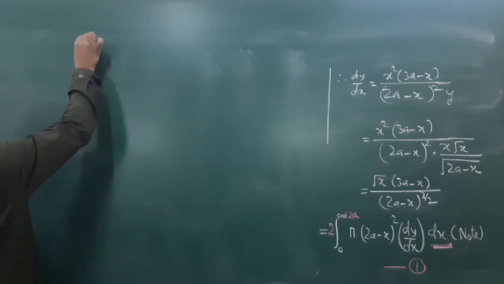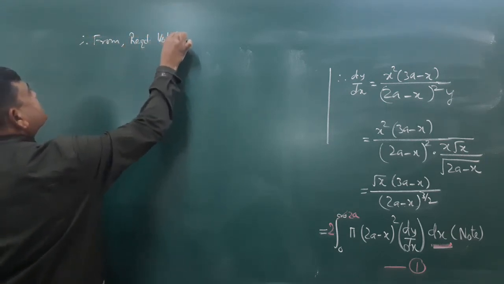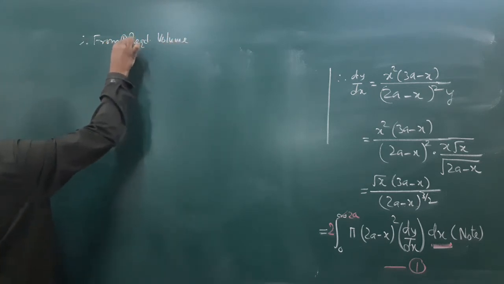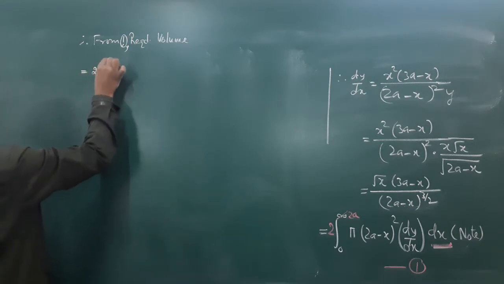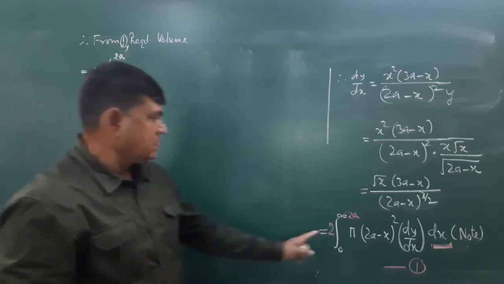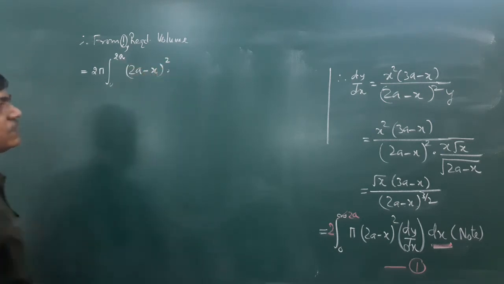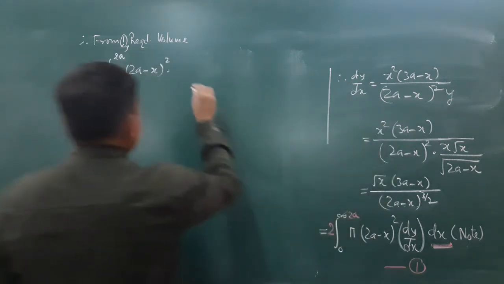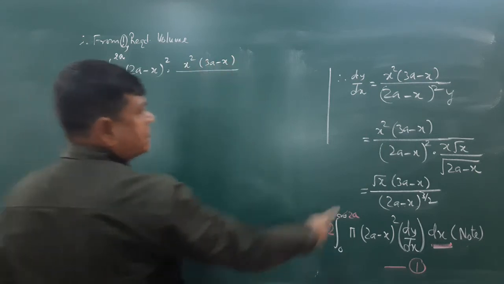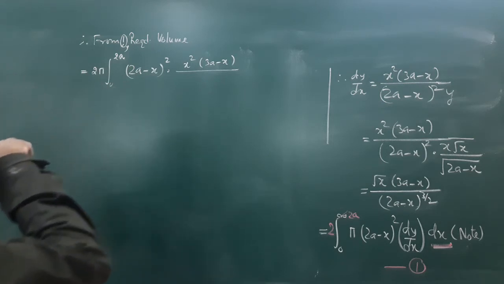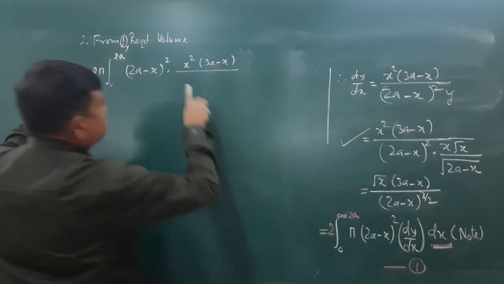Therefore, from first, required volume equals two pi integral 0 to 2a, (2a minus x) whole square into, I write it as it is, x square (3a minus x) upon... I am writing this x square (3a minus x).